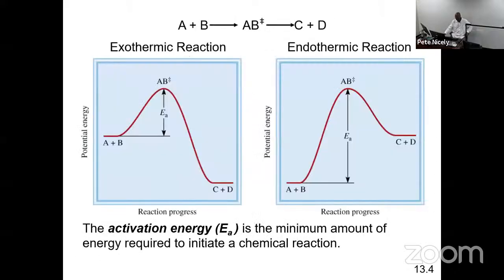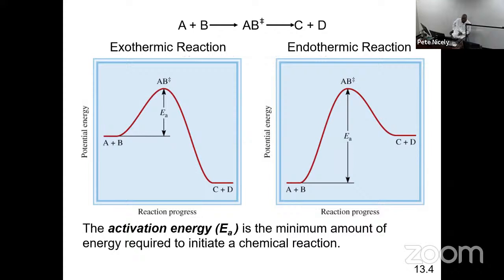Now this energy that I just talked about, where you have this transient species, which has a higher energy compared to AB, that energy difference is called the activation energy of the reaction, right? By definition, the activation energy is the minimum amount of energy required for the reaction to take place.